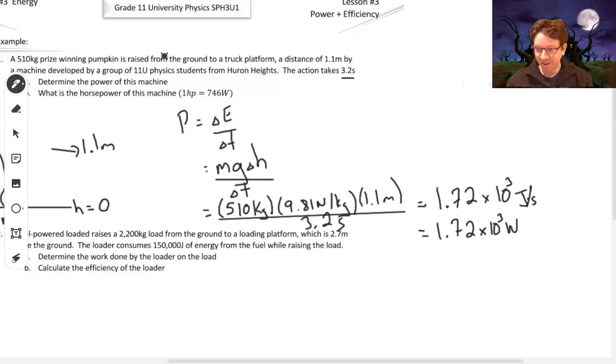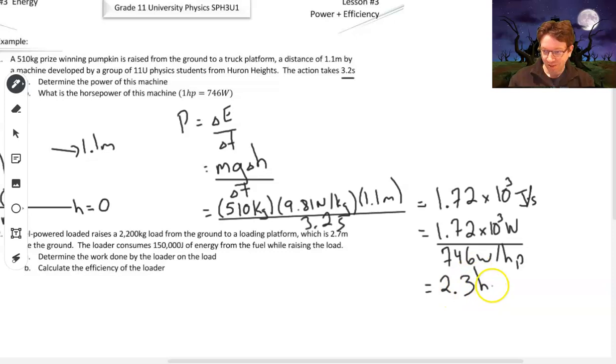So if we wanted to figure out how many horsepowers our machine was, all we'd have to do is take our answer and divide by 746 watts. So our machine has 2.3 horsepowers. Yeah, so I mean, if you take 20 horsepowers and multiply by 746, about 15,000 watts.